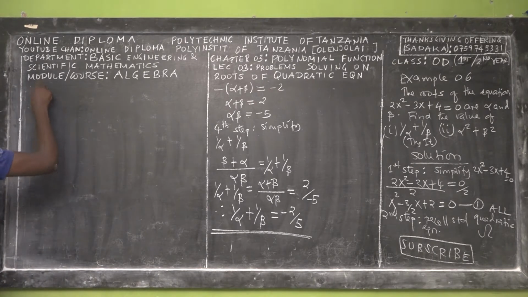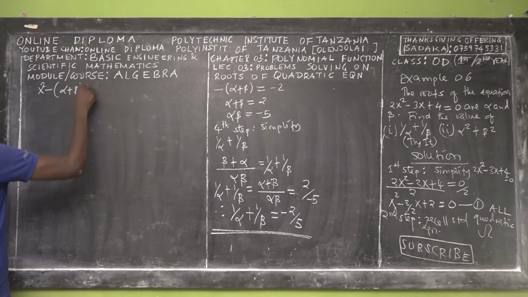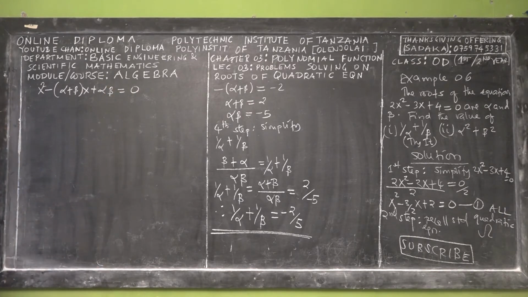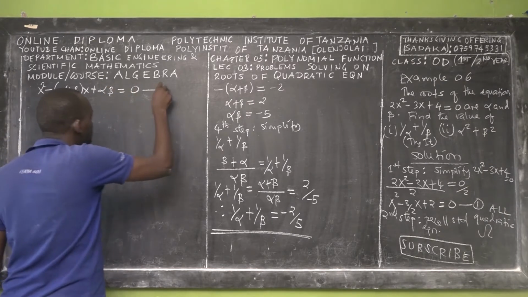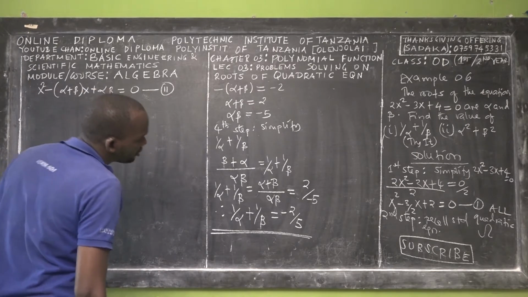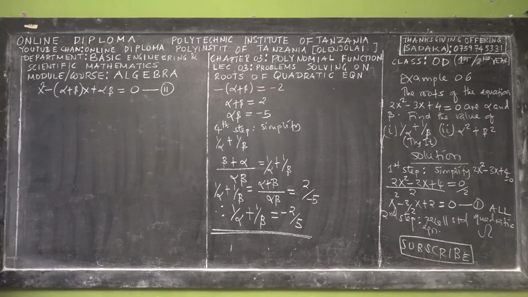They say that this is x squared minus the sum of the roots, alpha plus beta, x, plus the product of the roots, alpha beta, is equal to 0. So this is equation 2.